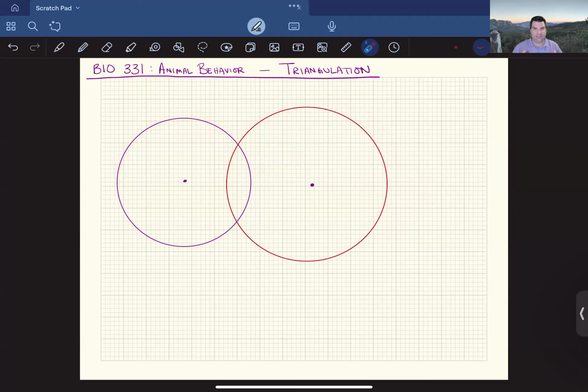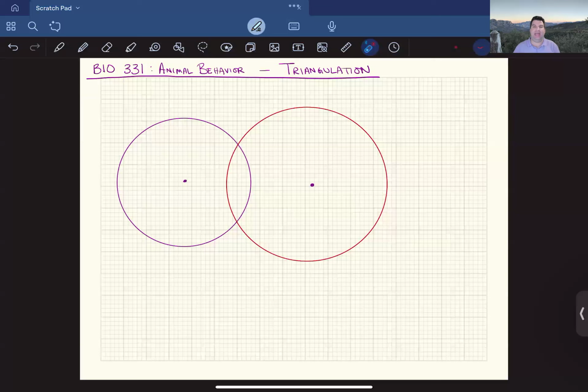Now, if this stimulus comes to me in a more omnidirectional way, now in order for me to figure out if it's in front of me or behind me, I might need an additional bite at the apple. So that might mean that I need to move and take another snapshot.